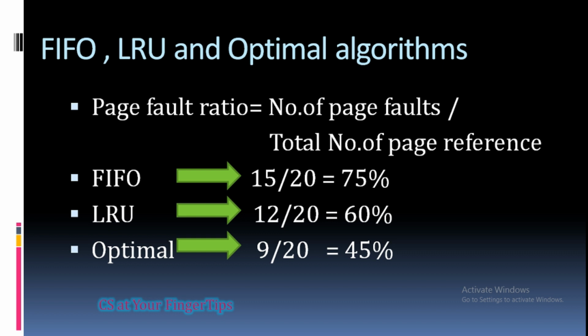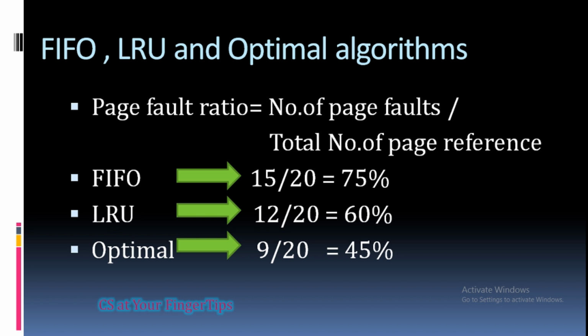We can go through the analysis of FIFO, LRU and optimal page replacement algorithms. The efficiency of a page replacement algorithm depends on the number of page faults, and the aim of the algorithm is to reduce the page fault rate. The page fault ratio is defined as the number of page faults divided by the total number of page references.